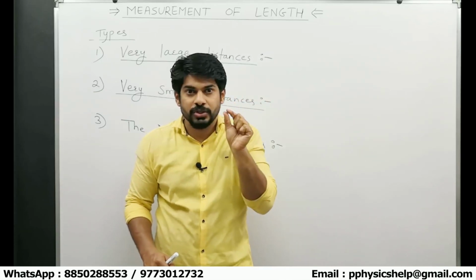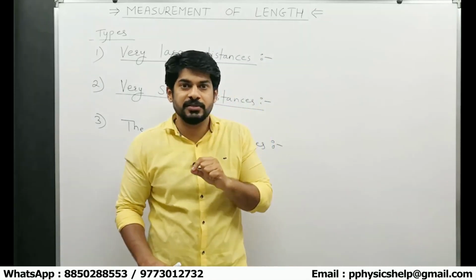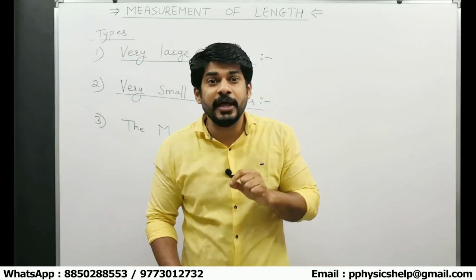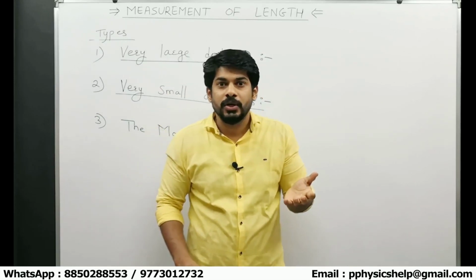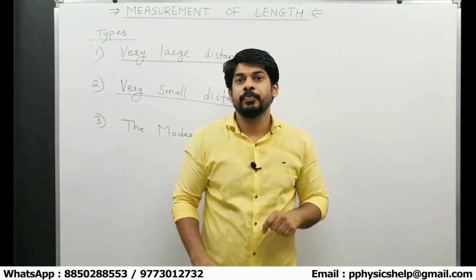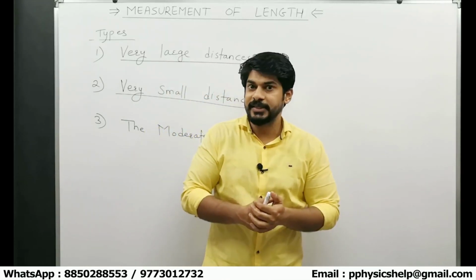Can you measure that thickness through your naked eyes directly? Can you approximate that? Definitely you cannot. You cannot approximate the thickness of that paper directly with your naked eyes. That's very difficult, isn't it?